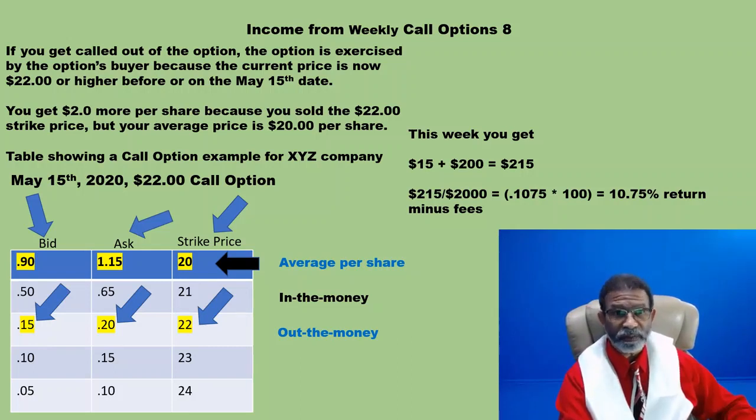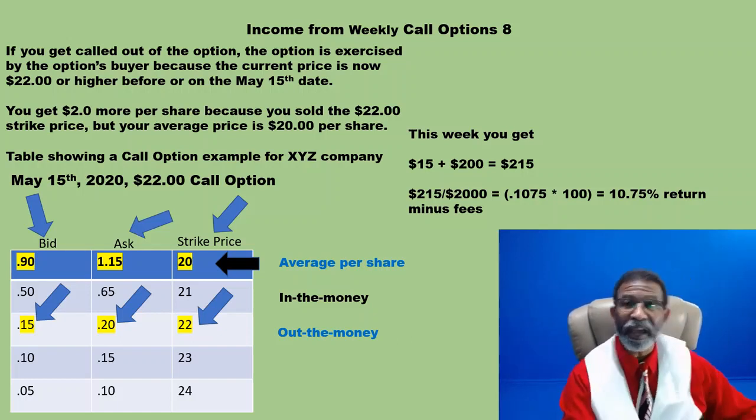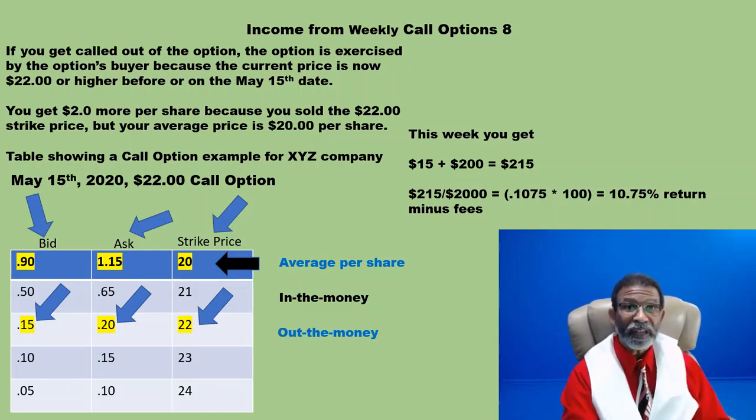So $215 is what you would get for this particular week. If you divide that out, $215 divided by the $2,000 you have invested, that's 0.1075 times 100. So for this week, that's a 10.75% return minus additional fees. That would be the return for one week.